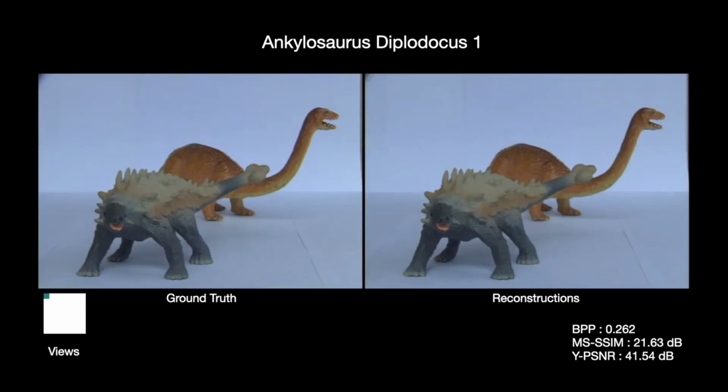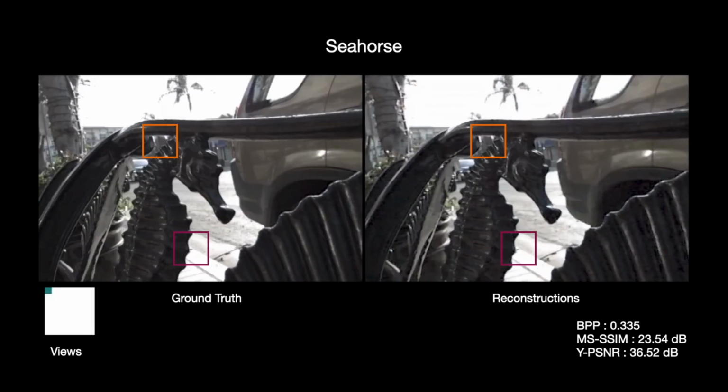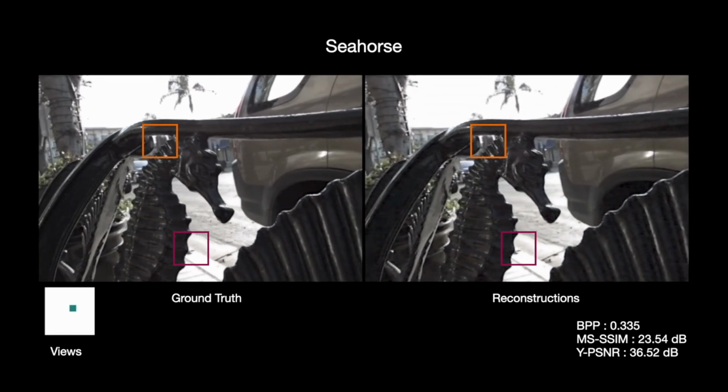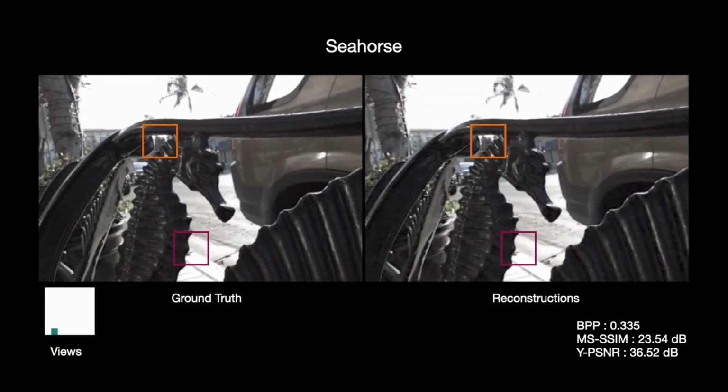This is an example reconstruction from our model. The bitrate is around 0.2. As you can see, the model learns both the horizontal and the vertical parallax quite well. It also learns to reconstruct some of the trickier regions, like the occluded areas highlighted in this example.